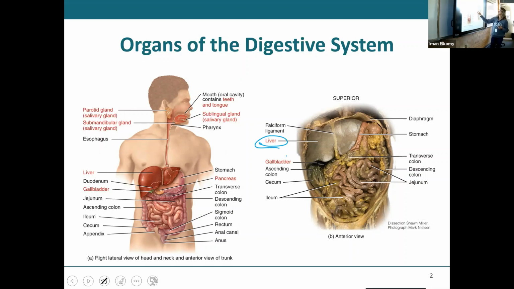So the liver, the gallbladder, the pancreas, the salivary glands, the teeth and tongue, those are all accessories to digestion, but the actual digestive process, whether it is chemical or mechanical, happens in those main organs in the GI tract. So everything in black here is what you'll see in the GI tract, things like the mouth, the duodenum, the colon, the appendix, all the stuff.